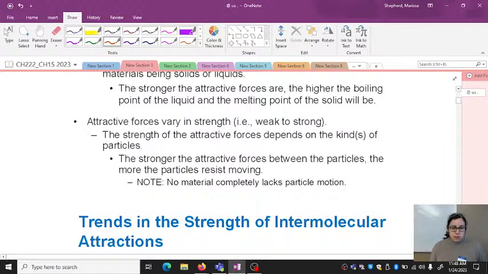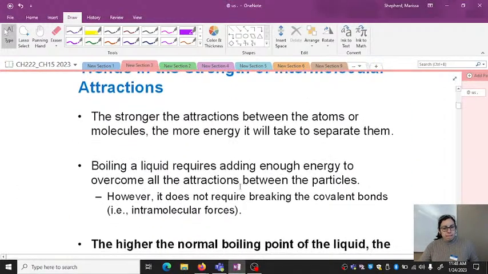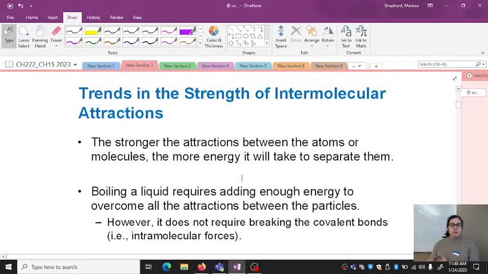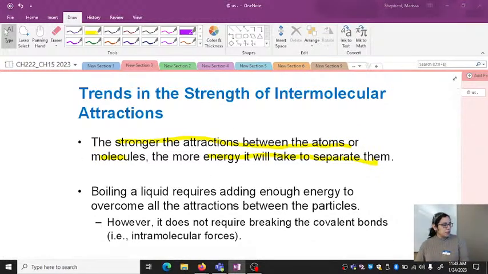It depends on the kinds of particles. The stronger the attractive forces, the more the particles resist moving. This also means the stronger the attractions between the atoms or molecules, the more energy it will take to separate them. That goes back to kinetic energy being related to temperature. That's why when you heat things up, it tends to be more of a gas.